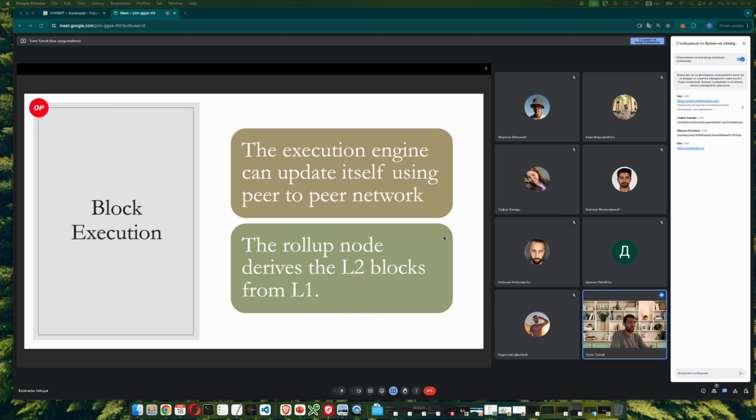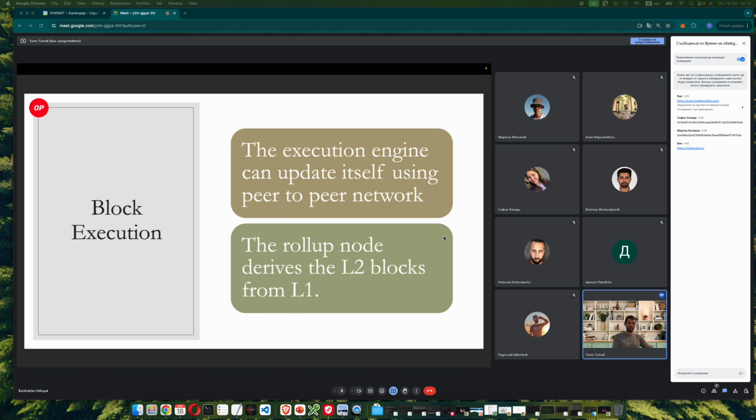This execution layer operates on these nodes, and they can update each other. Basically, it's the same as having nodes on layer 1. When a new soft fork or new update happens on the network, all the nodes update each other. The same thing is happening in Optimism. It is a peer-to-peer network and it has multiple nodes.